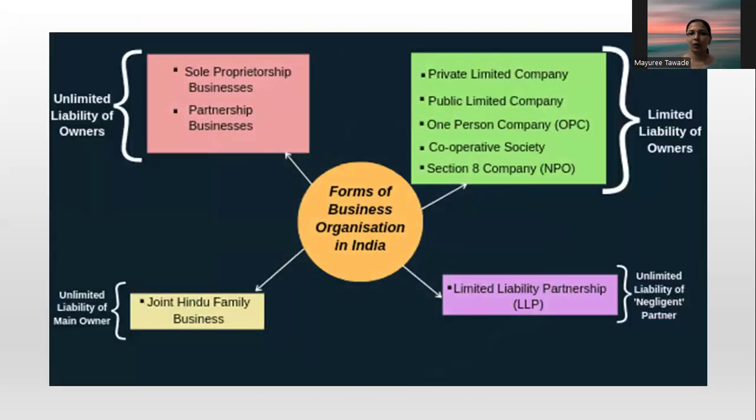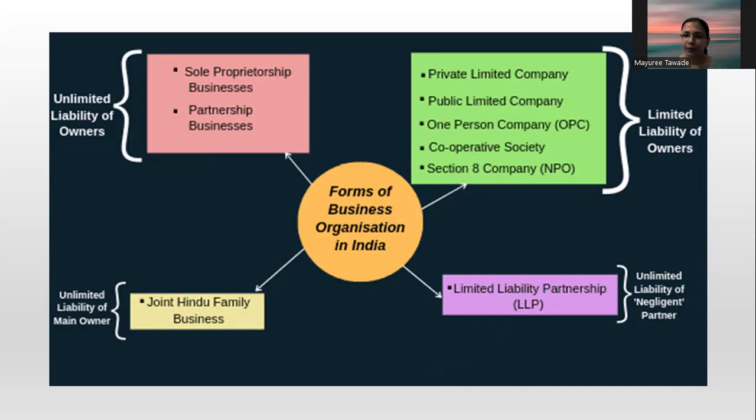These are the common forms of business organization found in India. We'll start from the left hand side, which is sole proprietor, that is unlimited liability of the owners. Then partnership businesses. Sole proprietorship is what is taught in the managerial accounting course for MBA students.